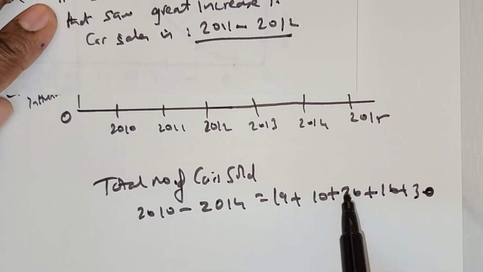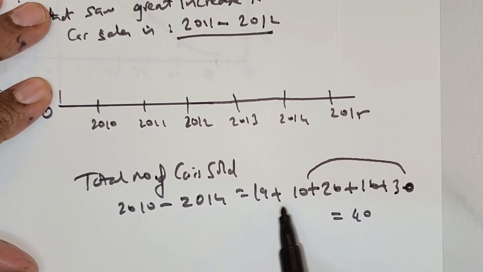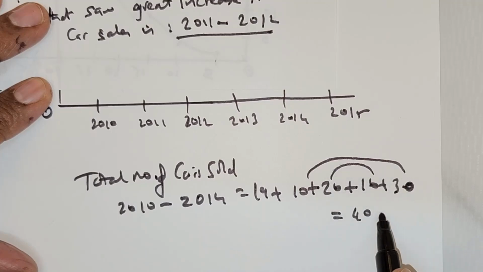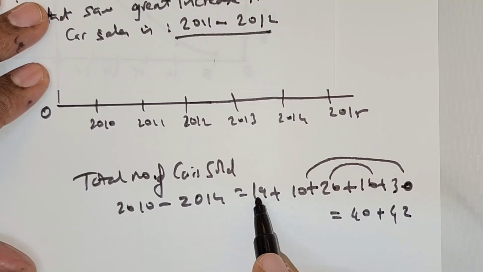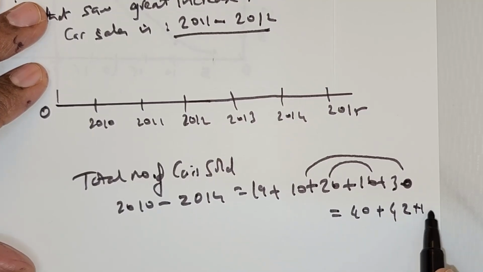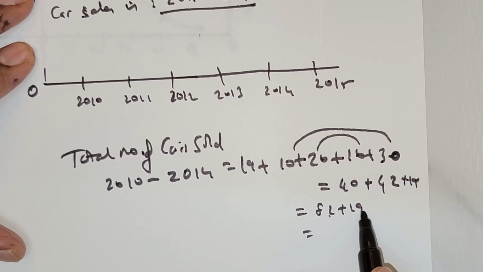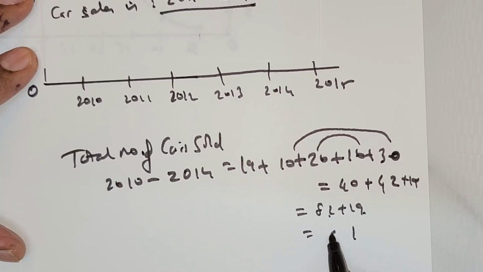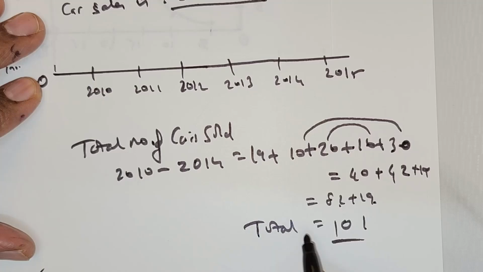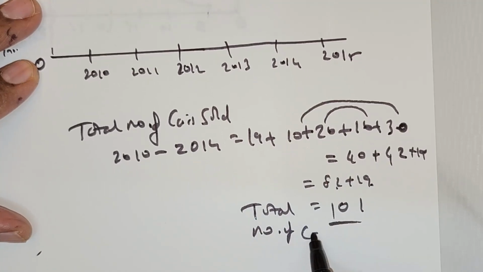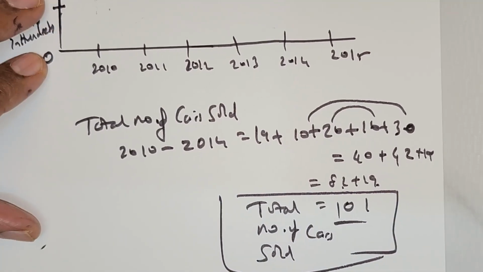So 30 with 10 is going to give me 40. Then 26 and 16 is going to be 42, plus 19. So this is going to be 82 plus 19, which is 101. This is the total number of cars sold. So you can put a box for that.